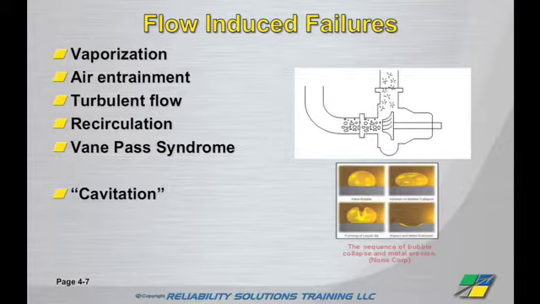These all go by a common name today called cavitation, although technically cavitation is only the first one on the list, which is vaporization. Vaporization, recirculation, and vane pass syndrome all cause damage to specific areas of the impeller, which allow us to understand, when looking at an impeller, what caused the failure.